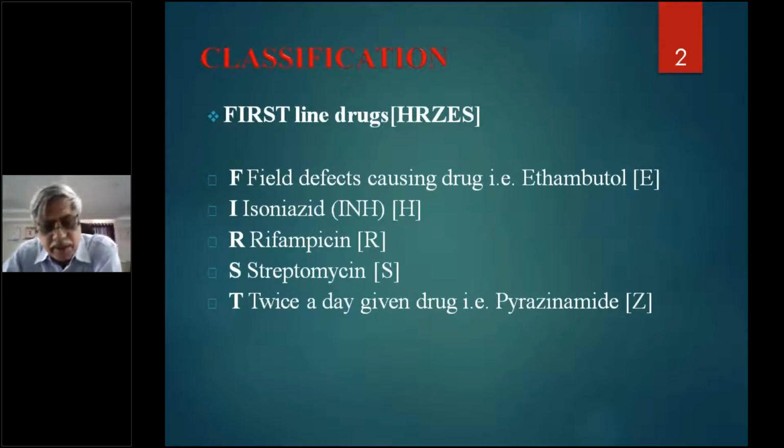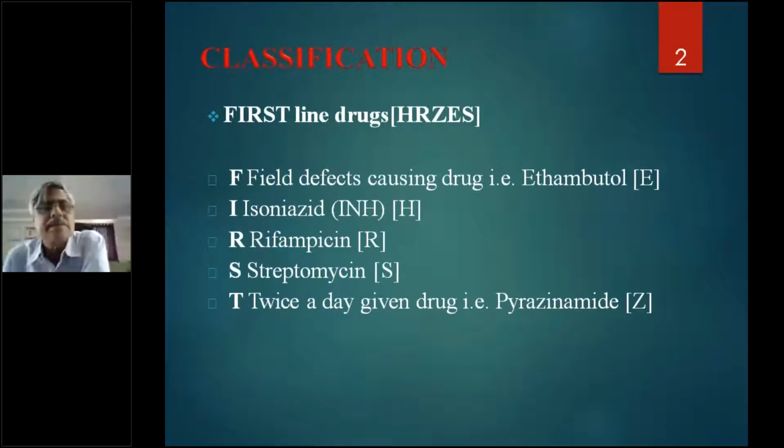So you must know why there are so many drugs. Because treating pulmonary tuberculosis is not very easy. Unlike any other bacterial disease, like typhoid fever, malaria or cholera, where it's very easy, tuberculosis is a disease which develops resistance easily to various drugs.